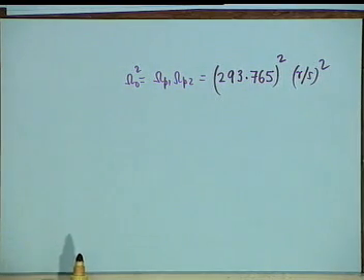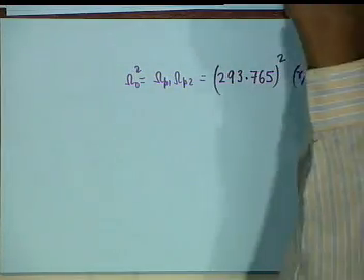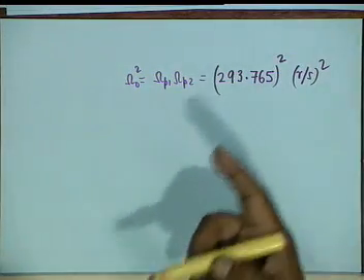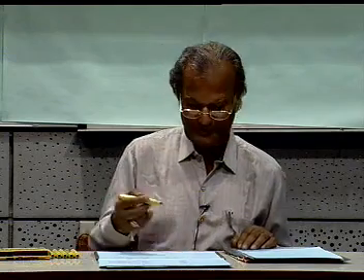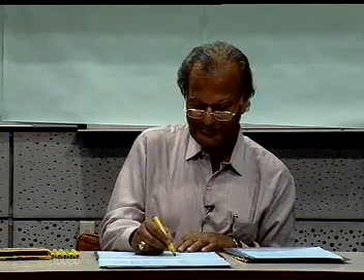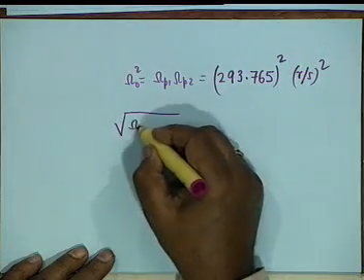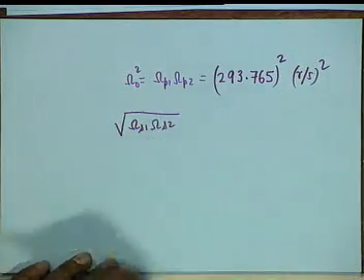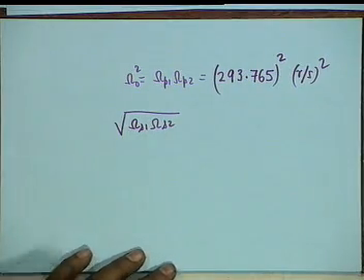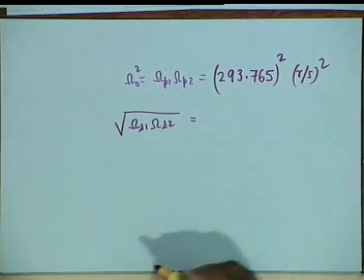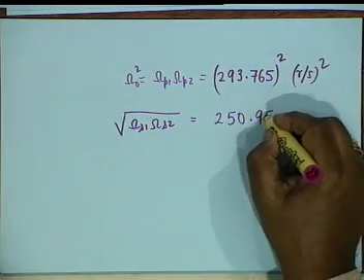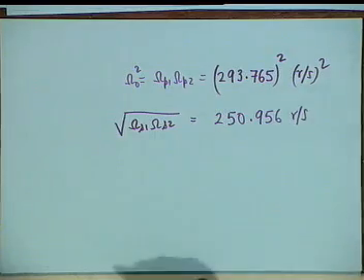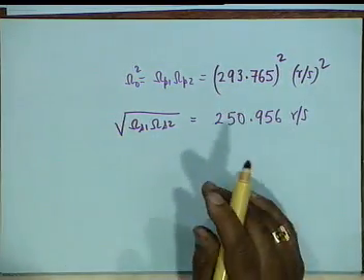Okay, there is a square root of 100.367 and what is the next one, 859.823. Okay, then you have also to find out what is square root of omega S1 omega S2 and see whether geometric symmetry exists or not. And if you put down the values, my calculation gives 250.956 radians per second. Obviously, geometric symmetry does not exist.